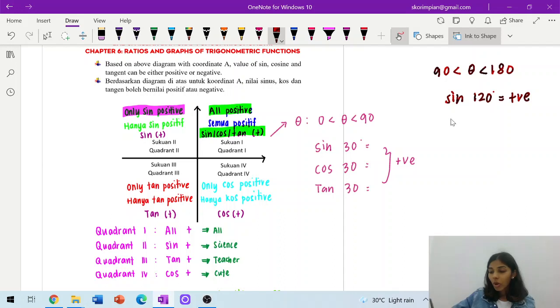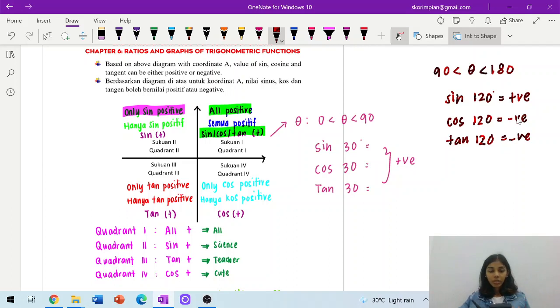But cos 120 and tangent 120, your answer will be negative. You can press your calculator to double check. Sin 120, you get a positive answer 0.866. But cos 120, you will get negative 0.5. Tangent 120, you will get negative 1.73.